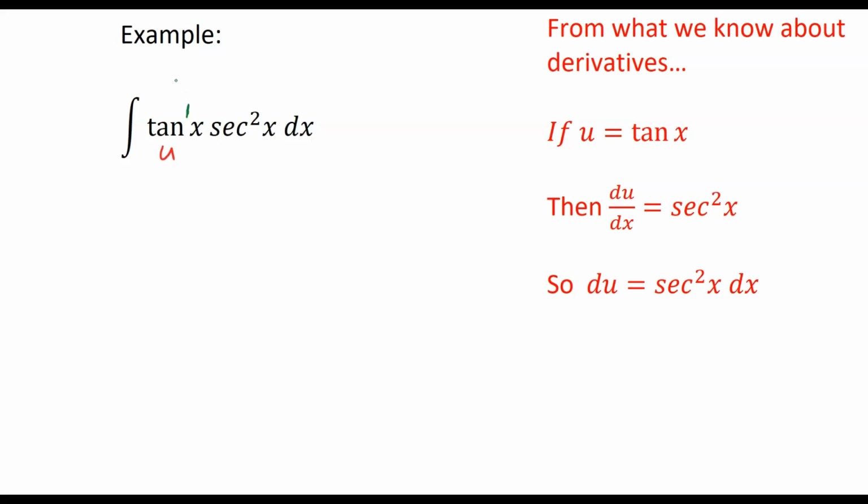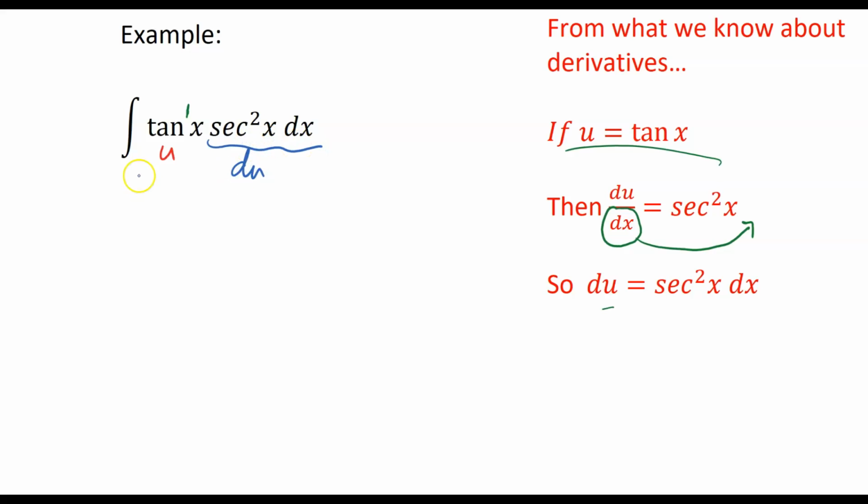And if I focus on u equal to tan x, the du dx, the derivative of tan x, is equal to secant squared dx. And to take that one step further, where I multiply the dx up on the right-hand side just to get the differential, du equals secant squared x dx. So there is my du.